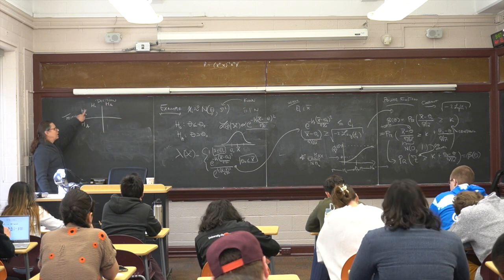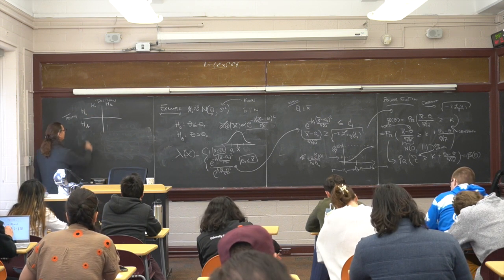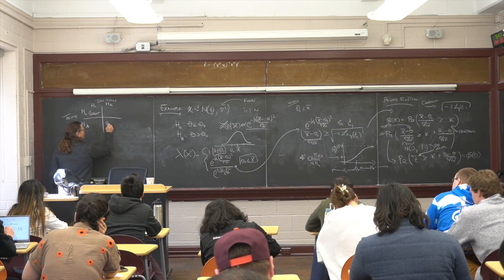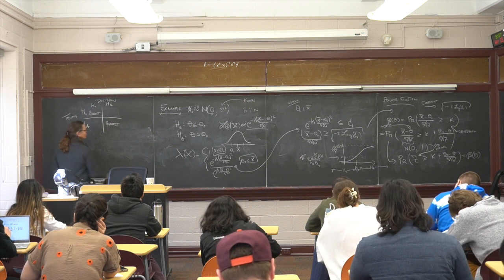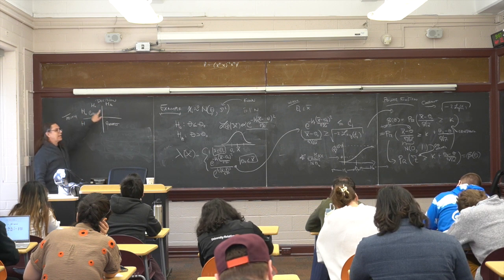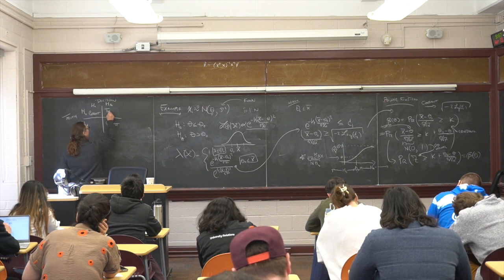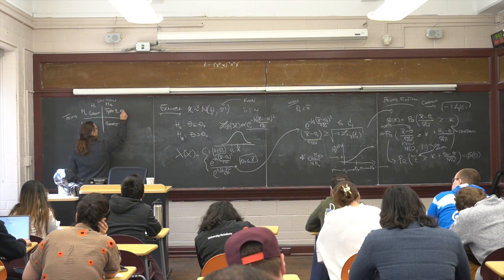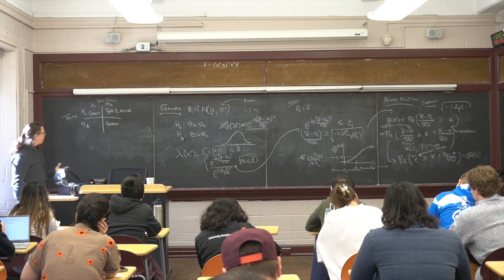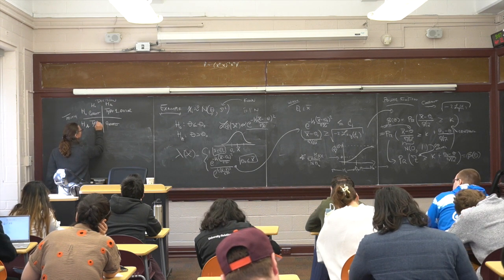So if the truth is H naught and I decide that theta is in the null region, then I haven't made any error. This is a correct decision. Same thing over here. So correct decisions. The errors are out in here. So if the truth is H naught and I decide HA, I've made a type of error. I'm going to call this a type 1 error. You can tell that a statistician made that. So it's not cool at all. It just is a type of error. And this, correspondingly, is the type 2 error.